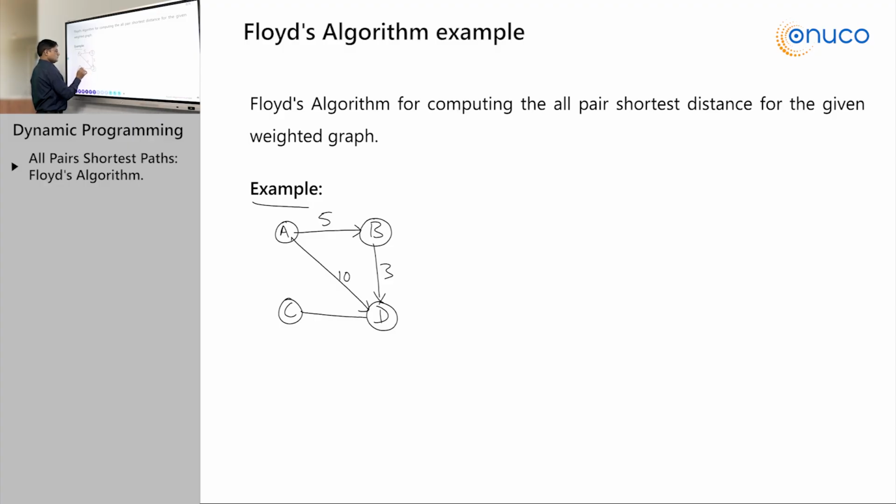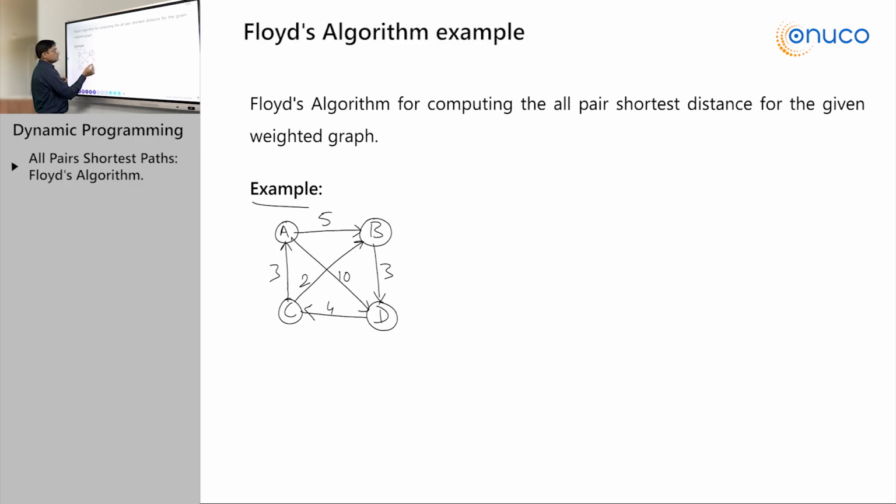D to A is, say, 4, and C to A is 3. And here we have another edge, A to B, say it is 2. So this is a connected directed graph. And which kind of graph is it? A weighted graph. There are certain weights on the edges.